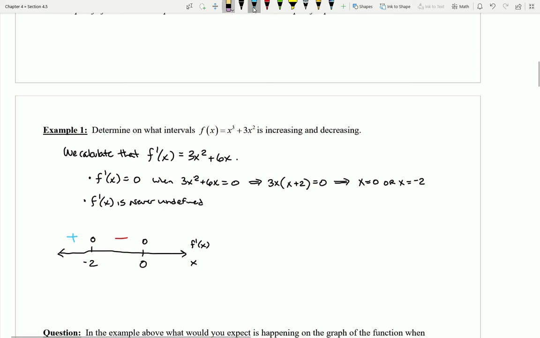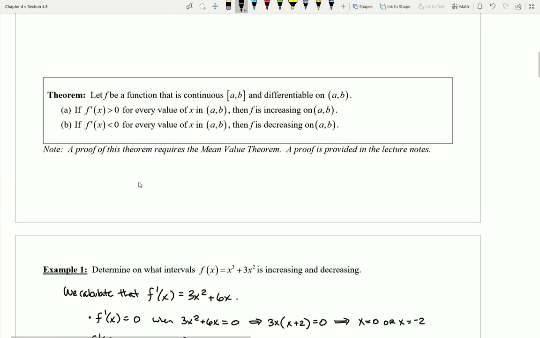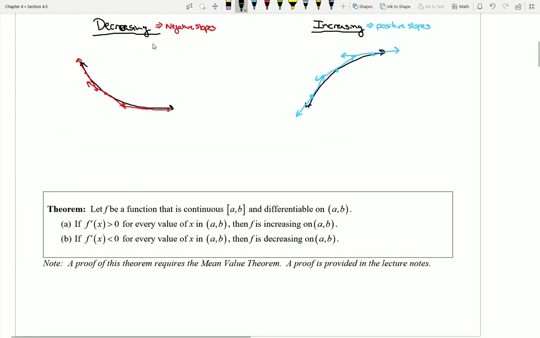And now I would plug in a value bigger than 0, maybe a positive 1. I would see that both of these quantities would be positive, which results in a positive outcome. So I'm just testing these values inside of the derivative, and now I can see my derivative spits out positive numbers on these intervals, and it spits out negative numbers on this interval. But like we saw in the theorem in the last video, when my derivative spits out negative values or negative slopes, the graph's decreasing, and when it spits out positive values or positive slopes, it's increasing.